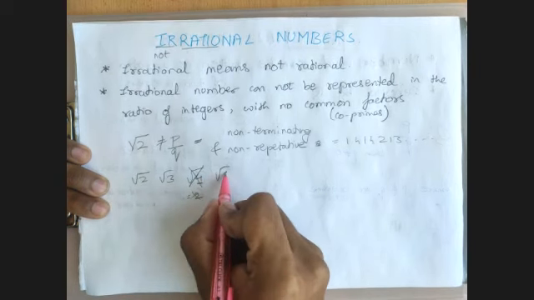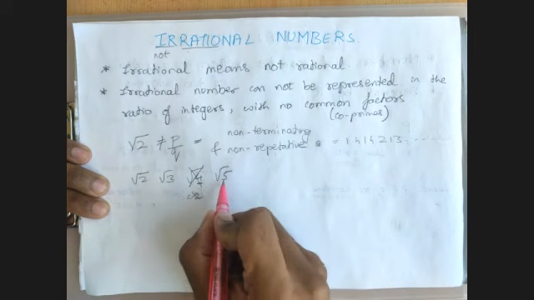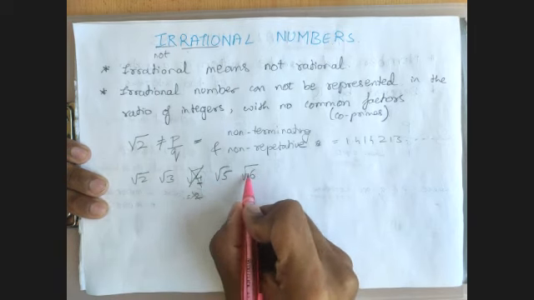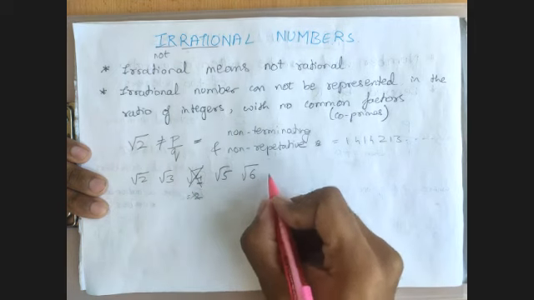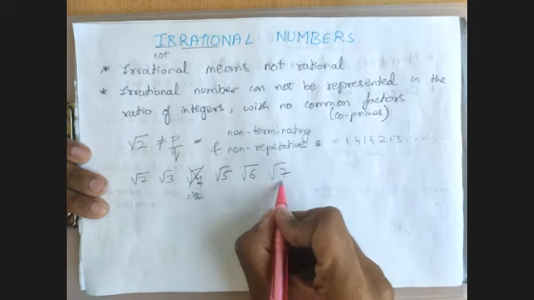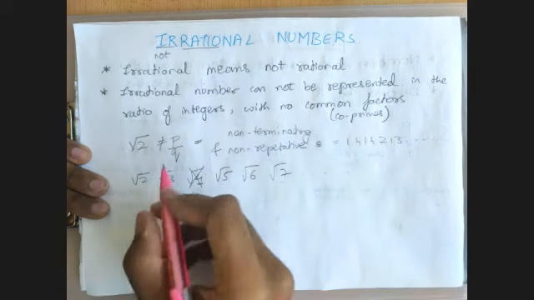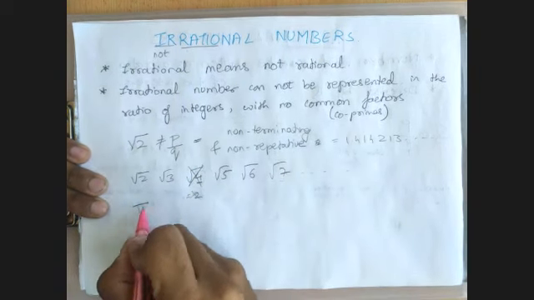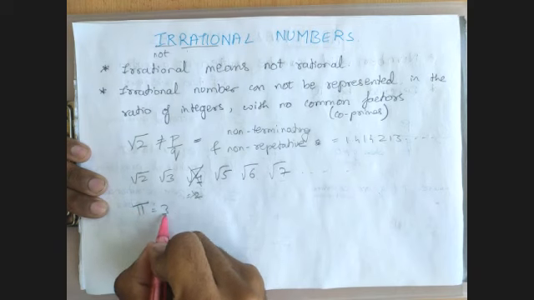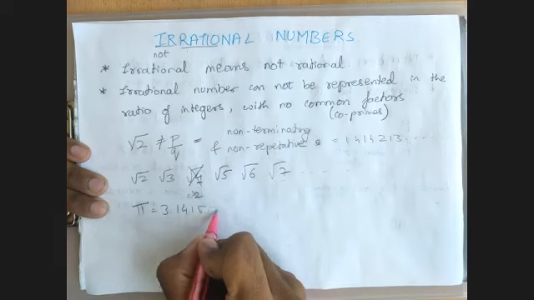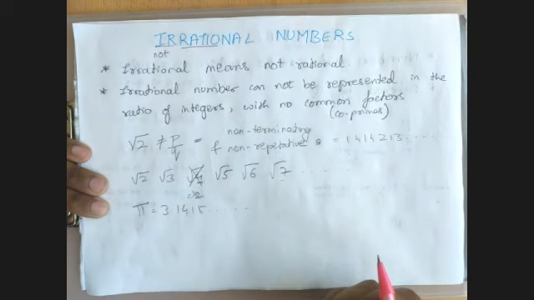And root 5, 5 is not a perfect square. Root 6, 6 is not a perfect square. So it is an irrational number. Root 7, 7 is not a perfect square. So it's an irrational number, and so on. And our value of pi, that is 3.1415 and so on, is also an irrational number.